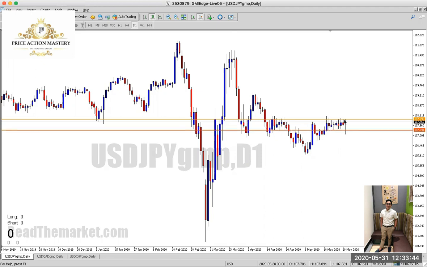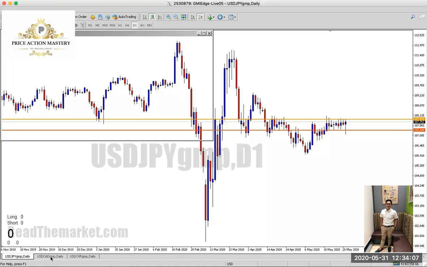Can you see in between these two levels? I will be focusing on this first to see whether it's going to break up or break down. There's high potential for the market to break up, because if the market is able to break up, then a head and shoulders is formed. But the seller will also push, so we need to depend on the upcoming week's market situation.